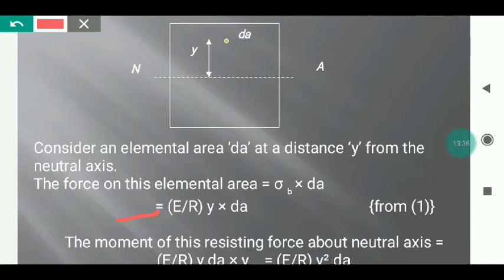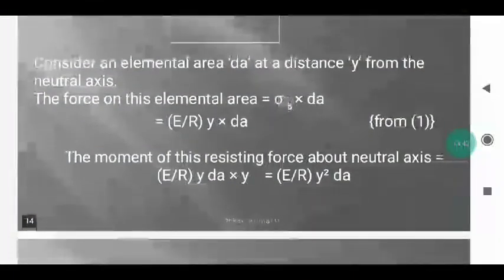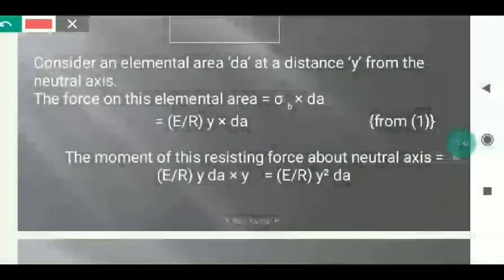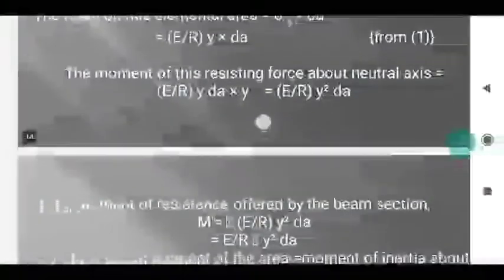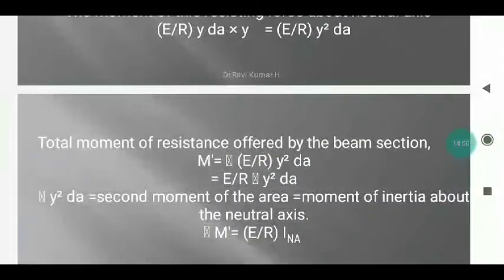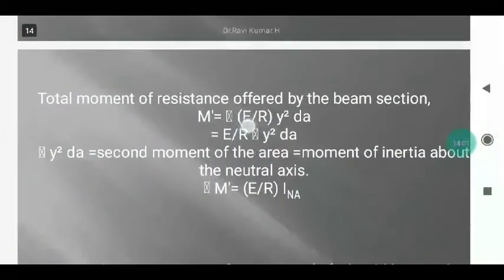Hence, doing this here in the equation, we get M is equal to E by R into y squared dA. In the first semester we spoke that y squared dA is called the second moment of an area, which is equivalent to the moment of inertia of an element, from the first year basics of Building Structures 1.